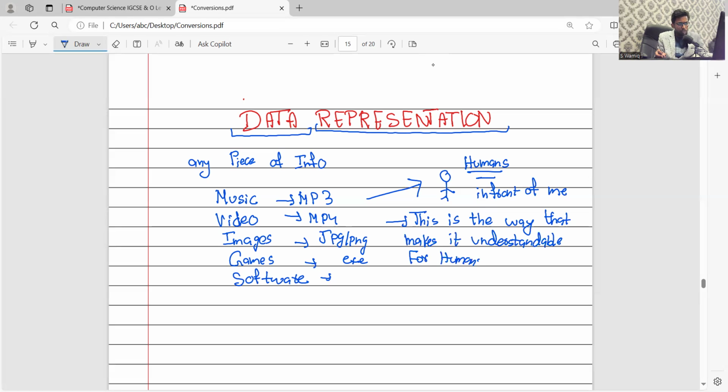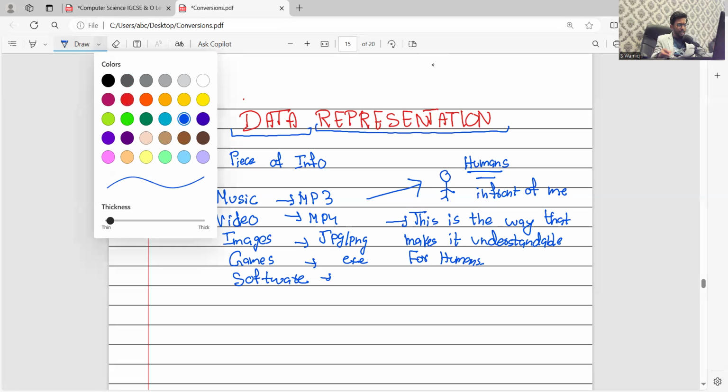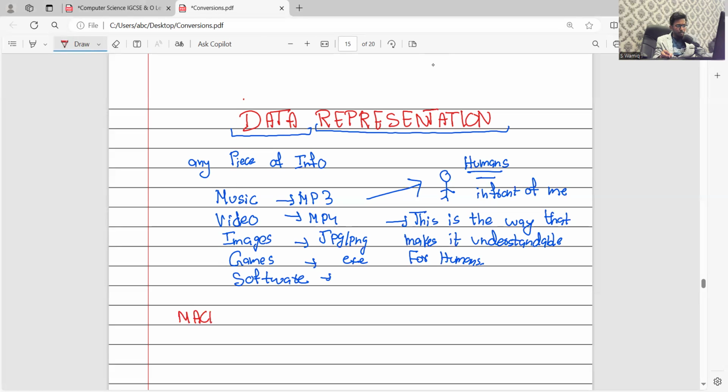I hope the concept is clear. But there is a big difference between machines and humans. The data is categorized in this format so that it is understandable to me.